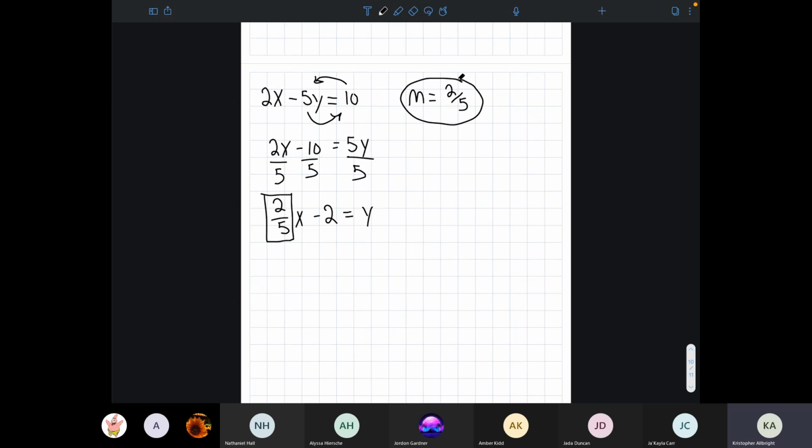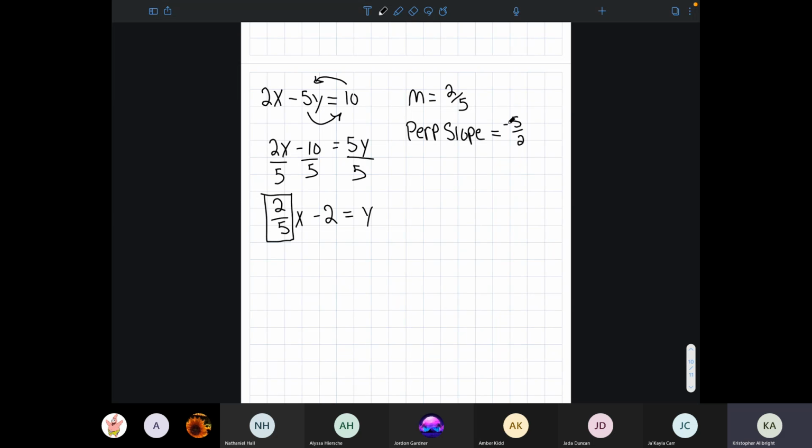And we want a line perpendicular to this one. So we need to get a perpendicular slope. So the process for that is to flip the fraction and make it negative. So our perpendicular slope is going to be -5/2.